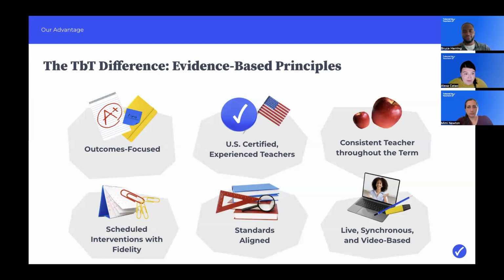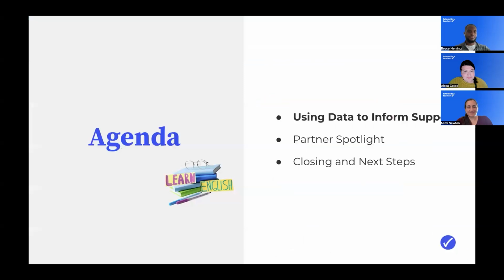We've even served migrant education populations in hard to reach places as long as they can get a device and an internet connection, even a mobile booster pack. We're able to bring the teacher right to them. So it's a really powerful model.